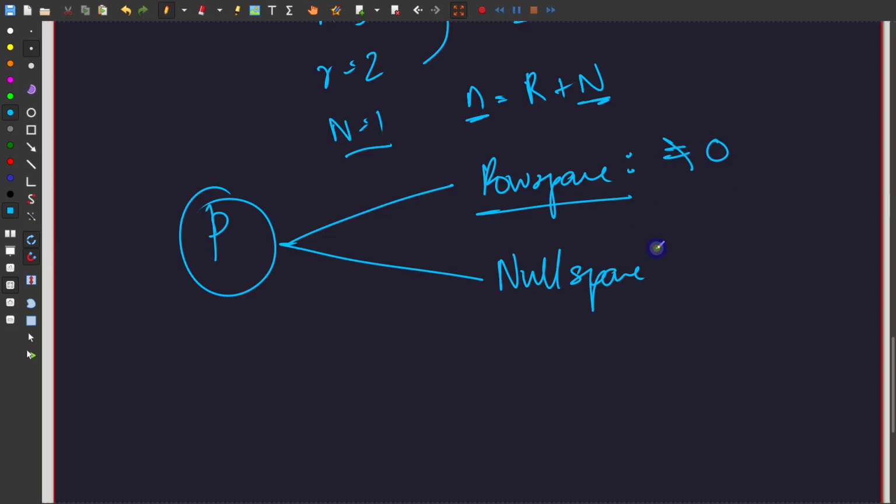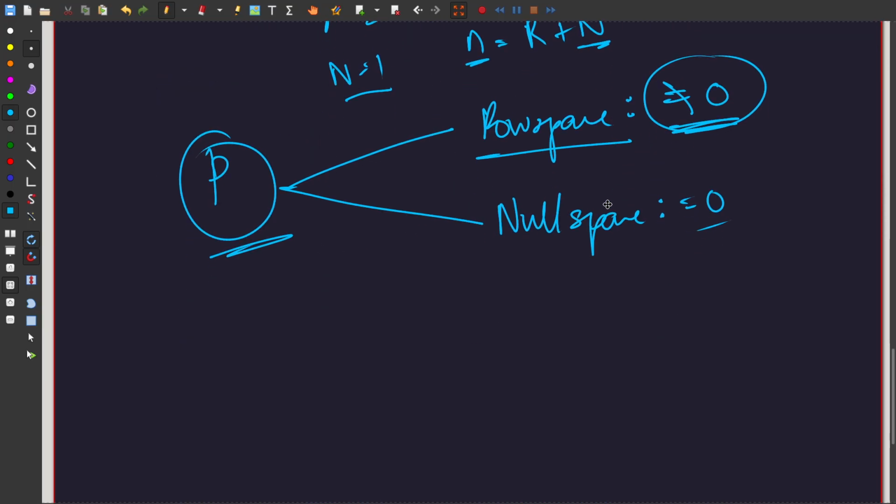But whatever vectors you get in the null space, they will always equal 0. That's it. So given a particular space, you can subdivide it into row space and null space, where row space will basically be a set of vectors that can never provide you 0. They will only provide some distinct non-trivial values, whereas null space will essentially provide you a trivial 0. That's it. So now how does that even make sense?